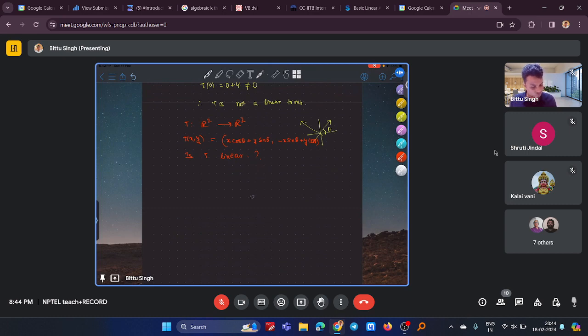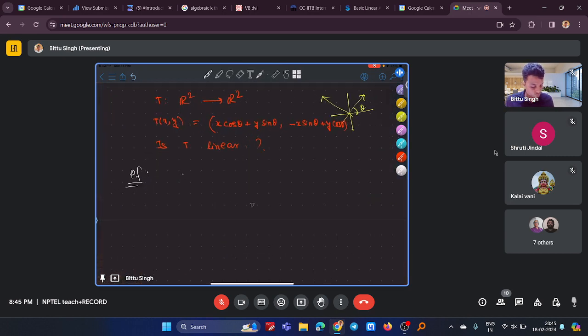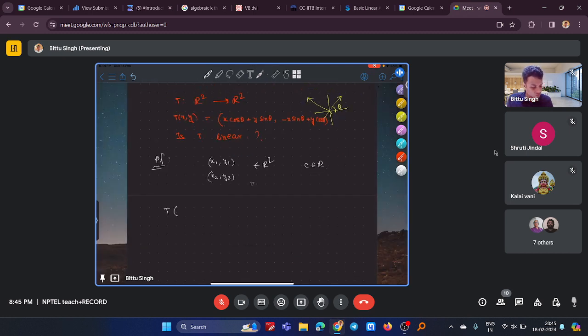Proof. Consider two different vectors x1, y1 and x2, y2 from R2 and c from the field R. Then what is T of cx plus y? This is V1, this is V2. Then T of c V1 plus V2 is the same as T of c times x1, y1, which is cx1, cy1, plus V2, where V2 means x2, y2.